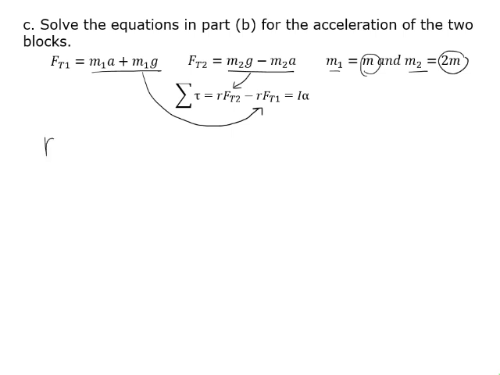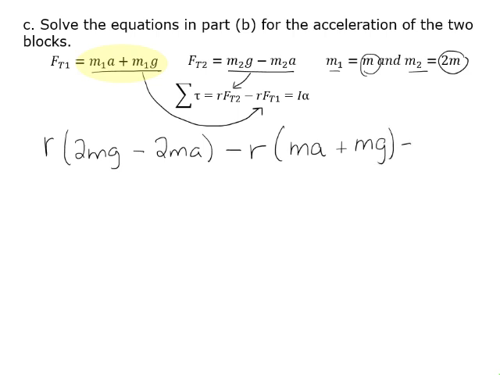That's going to look like radius times the force of tension 2, which is m2g, which is really twice the mass times g, and then minus m2a, which is 2m times acceleration, minus r times mass 1 a, which is just a single ma, plus mass 1 g, a single mg, is equal to I times angular acceleration.